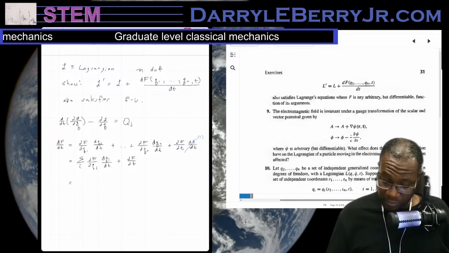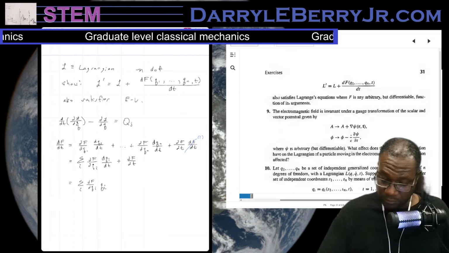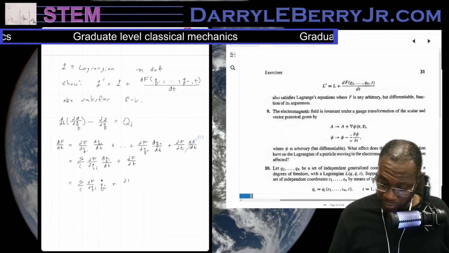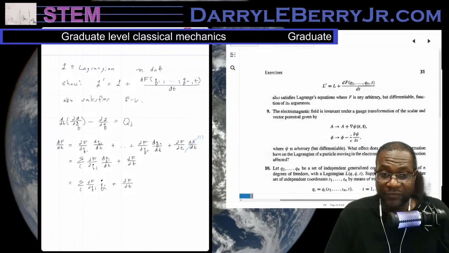So that equals the sum over i of partial F over partial q i times q i dot, plus partial F over partial t. So that defines that function as differentiable.